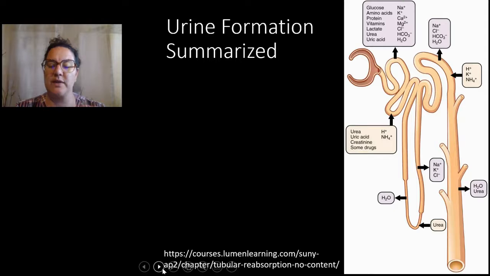In the ascending loop of Henle, we have the active transport of positive ions and the passive transport of negative ions. In the distal convoluted tubule, again, we have the passive transport of negative ions following the active transport of positive ions, as well as the tubular secretion using active transport of other substances in the blood that need to be removed. Now, as the filtrate travels down the collecting duct, water is again reabsorbed until urine is formed and passed from the ureter into the bladder.